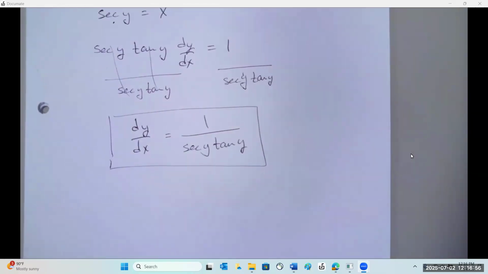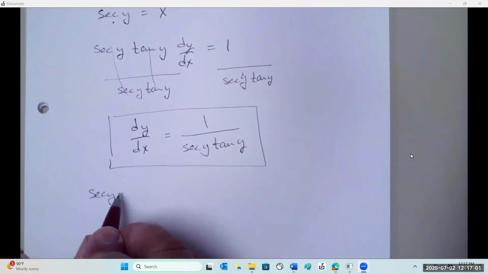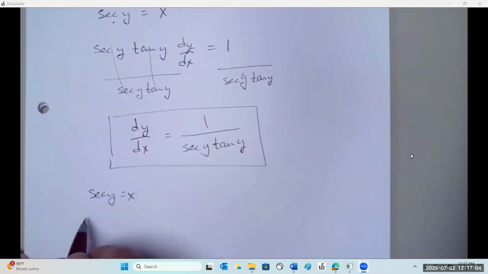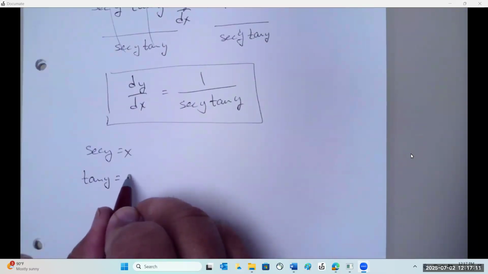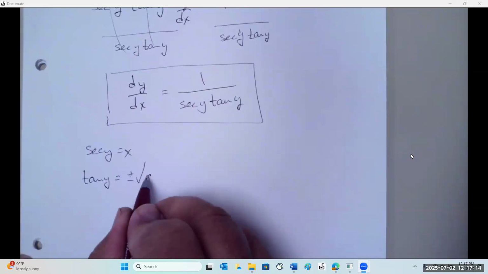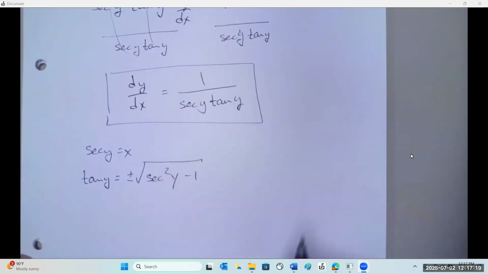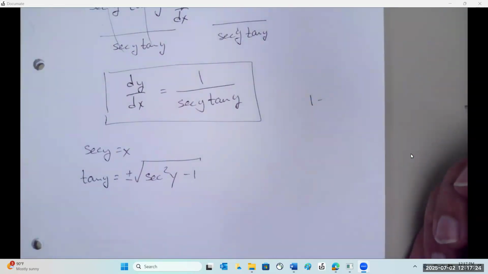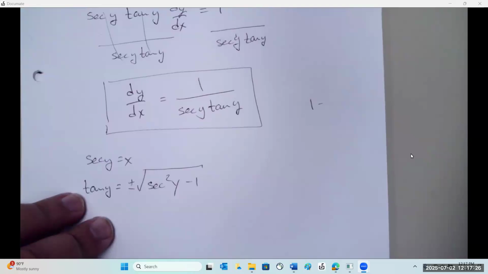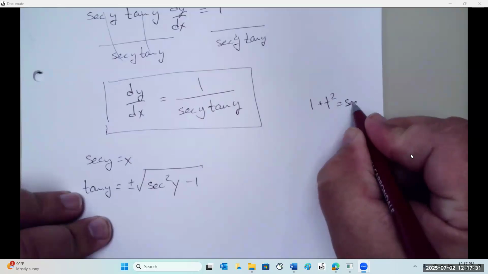So now in terms of x and y, what do we know? We know that secant y is equal to x. And we know that tangent y is equal to plus or minus the square root of secant squared y minus 1. We just did that one. So it's 1 plus tangent squared equals secant squared.